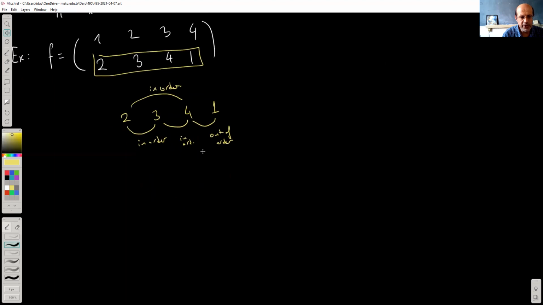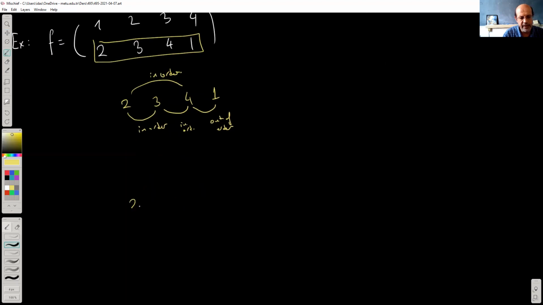What you do is go over all of the pairs in here and mark all of the out of order pairs. For example, this is out of order because 2 doesn't come before 1. It should come after, so therefore this is out of order. That's also out of order, and that's also out of order. So what you do is count all out of order pairs.